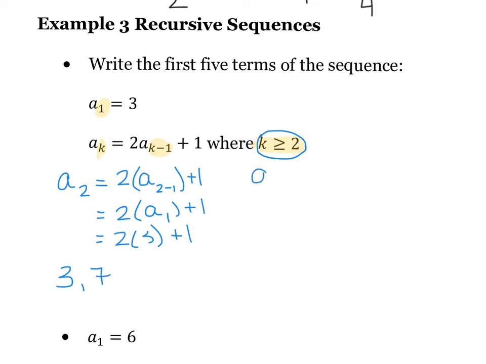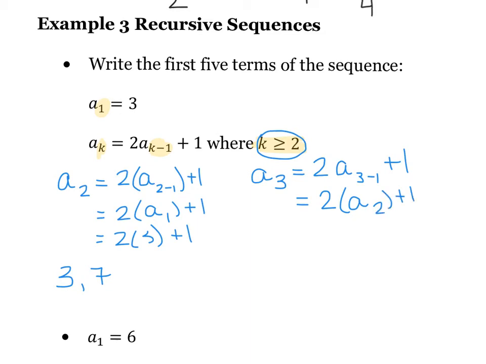Let's try and find the third term. So a sub 3 means I need 2 times a sub 3 minus 1, because now I'm looking for that third term. So a sub 3 minus 1, that number plus 1. Okay, so that means I need 2 times a sub 2 plus 1.